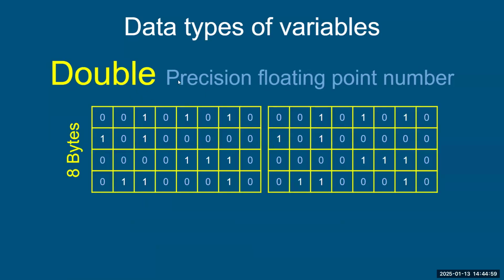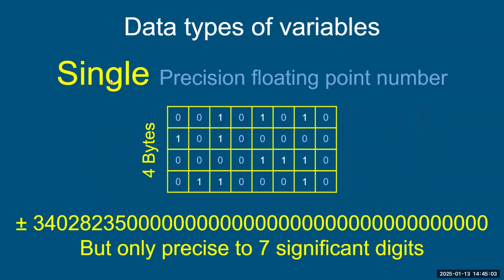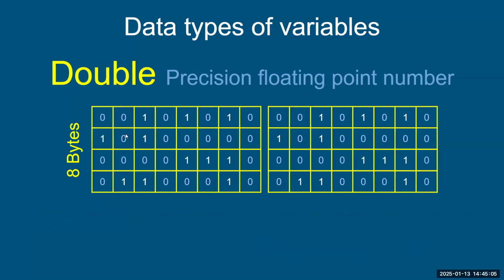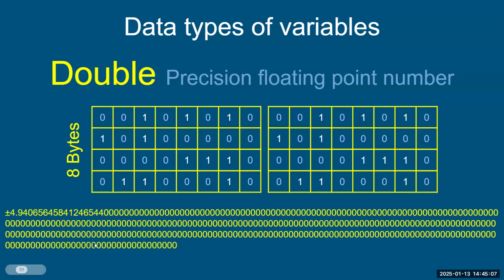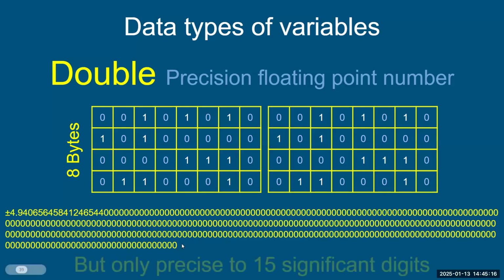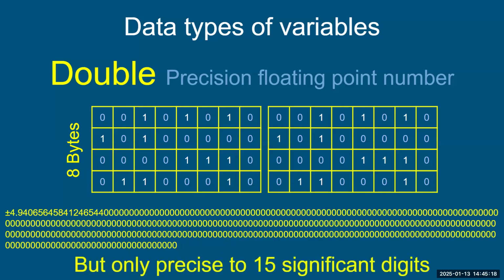Double is double precision floating point number. So instead of 4 bytes like a single, double is 8 bytes, and you can get to this level of number, 4.9. I don't even know how to say that number. But again, only precise to 15 significant digits.